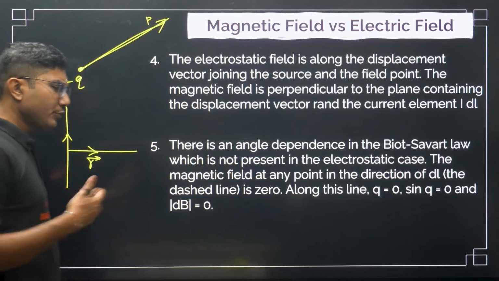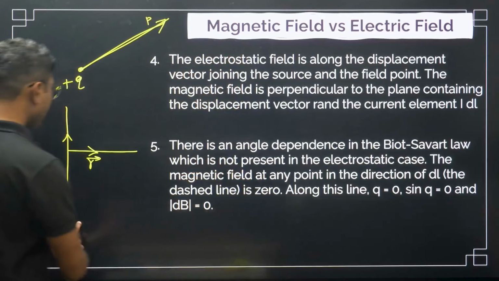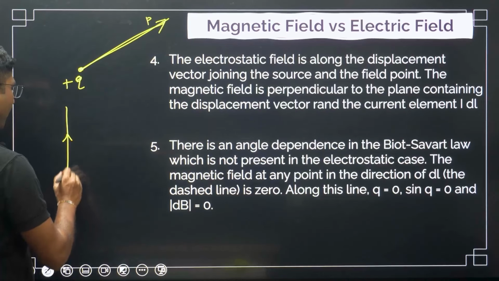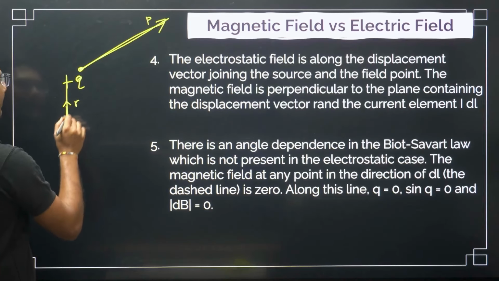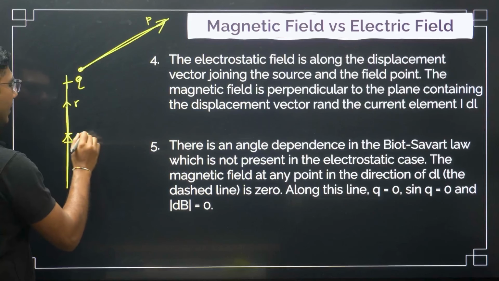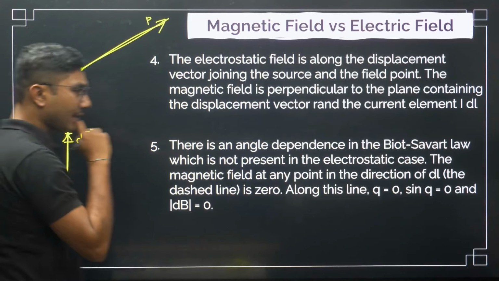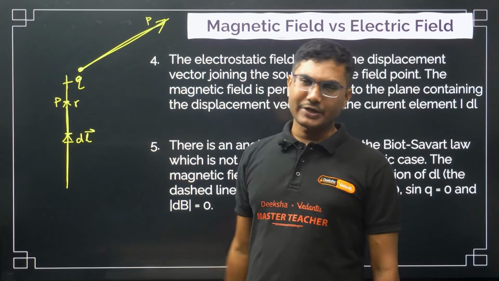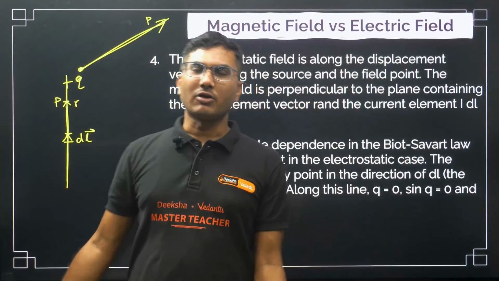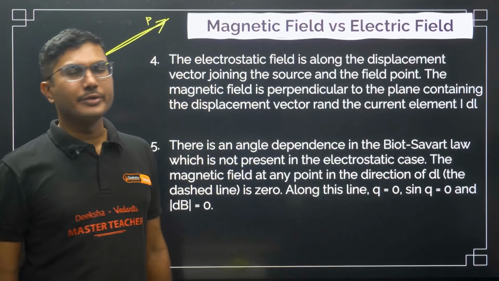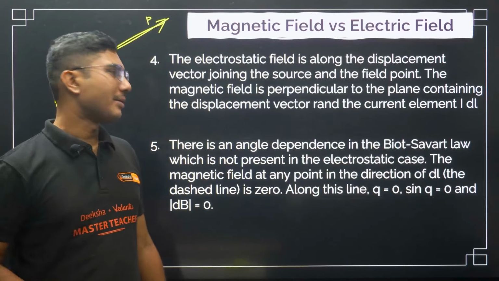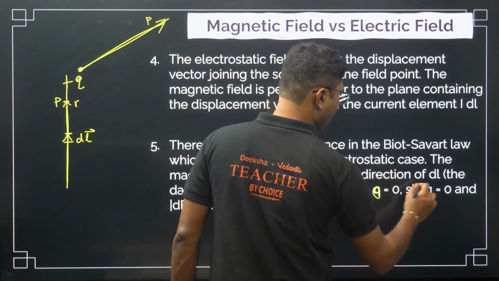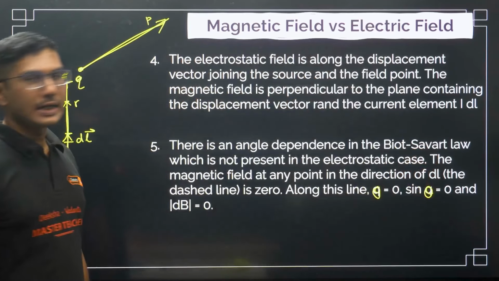Suppose your dl is over here and you are trying to find the magnetic field at this point P. In this case, dl and r are both in the same direction, which means dl cross r will be 0 because sin 0 is 0, so the magnetic field will also be 0.